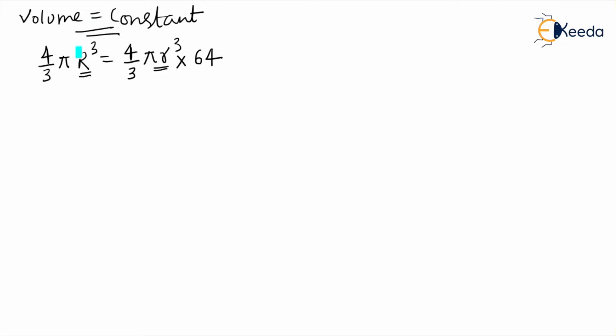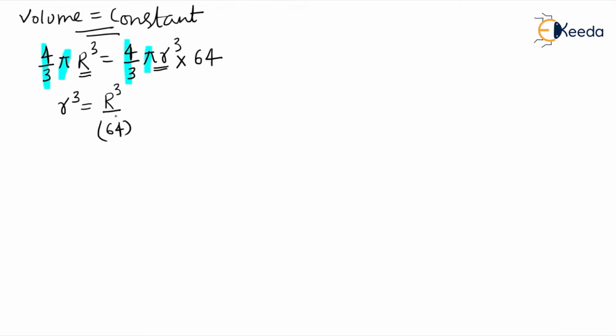Now this 4 by 3 will get cancelled, pi and pi will get cancelled. So we will be left with r cube is equal to R cube divided by 64.